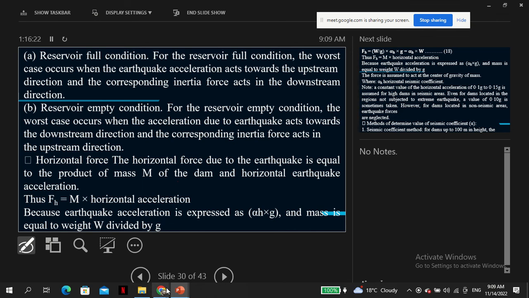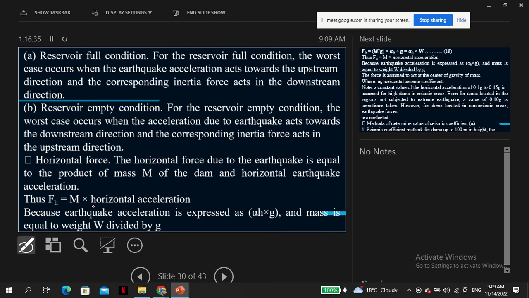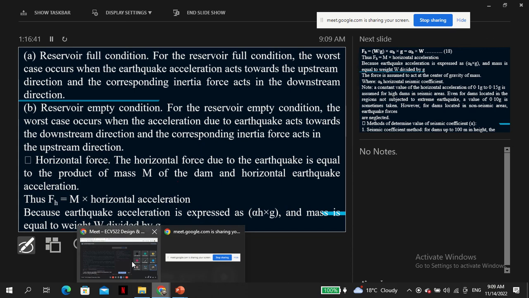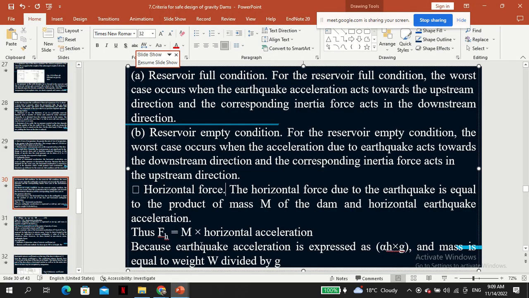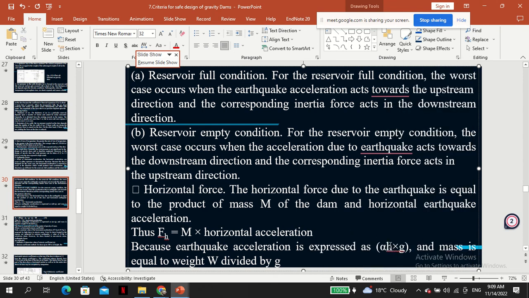Now the horizontal force. The horizontal force due to an earthquake is the mass times the horizontal acceleration. I think you have done this, or it was probably introduced to you in a structures, mechanics course.